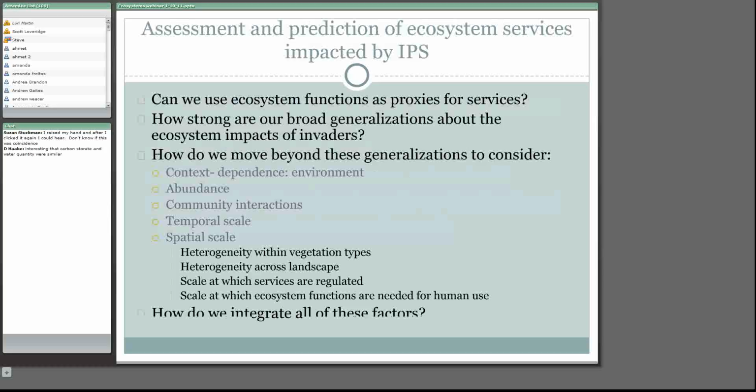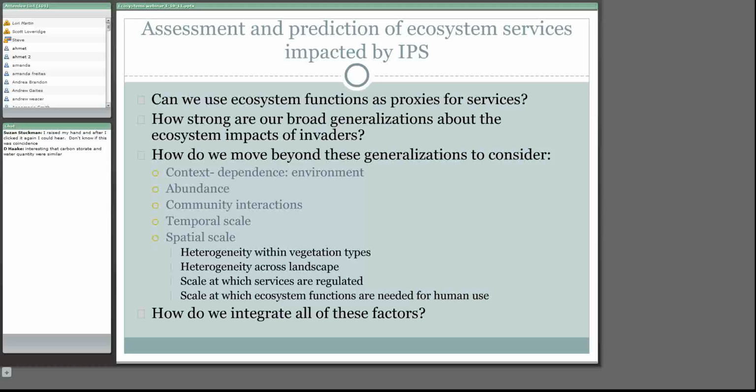So a little bit of a difference there, but still important to consider as we try and assess these services and assess impacts from invasive plants. So we know invasive plants can impact ecosystem services. I've stated that already. But assessing and predicting these impacts are a challenge. So the question is, can we use the functions of ecosystems as proxies for services? We're very familiar with functions. Can they be related to services?